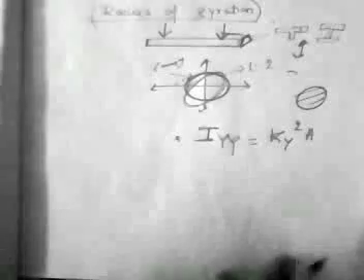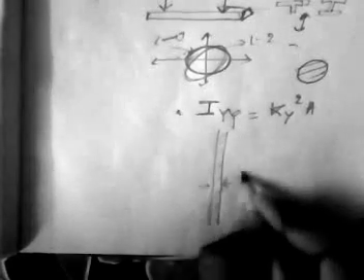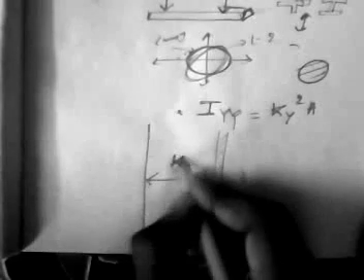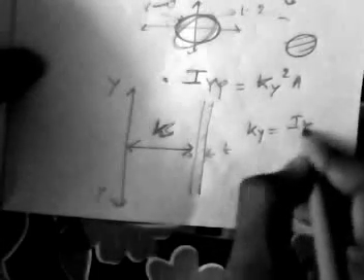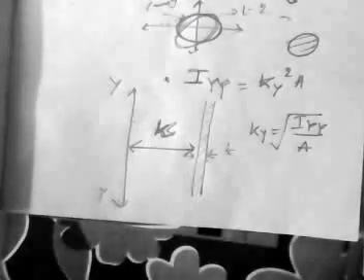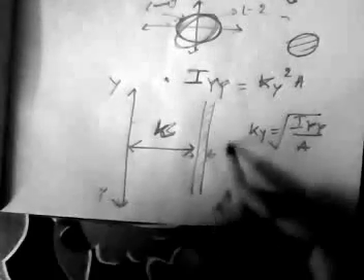Suppose we consider Iyy, that will be equal to ky square into A. What is k? Considering locus 1, which is a two-dimensional figure with a certain area, if you extract this area into a strip of very small thickness, and the distance of the strip from the y-axis is k, then you can define the radius of gyration as ky equals the square root of Iyy by A.